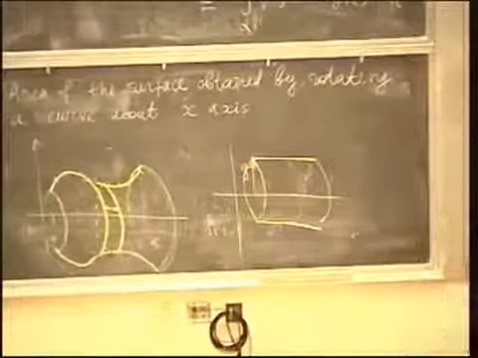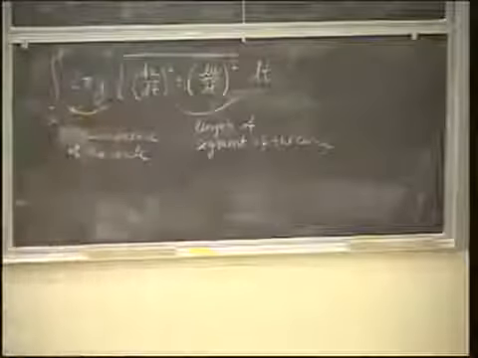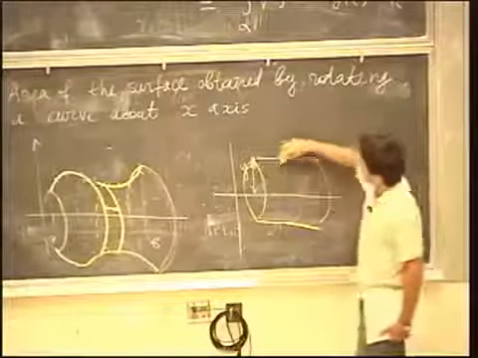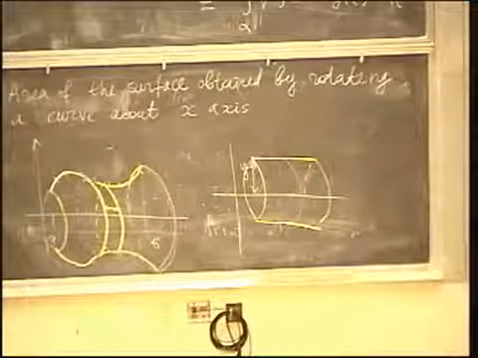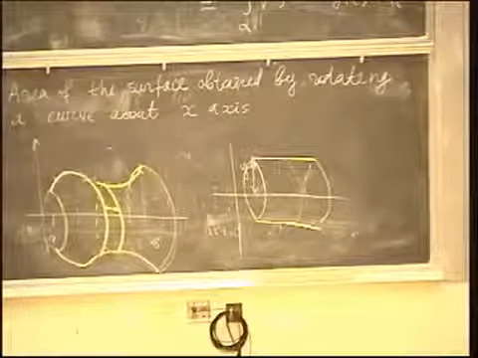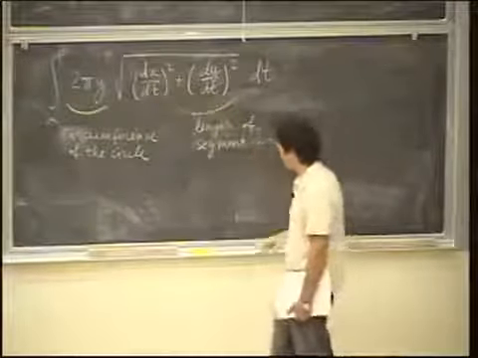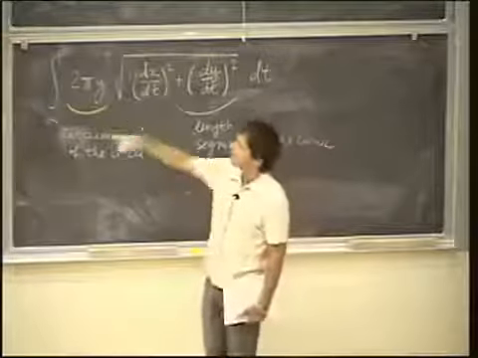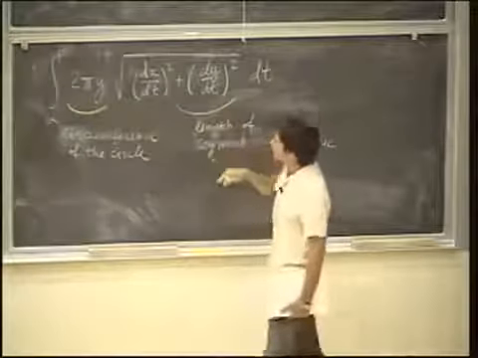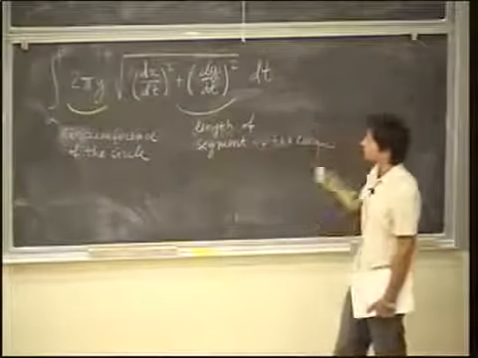That's why you get 2 pi y times the length of the side. And the length of the side is the arc length that we talked about, so it's given by this formula. That's how you get this. And once you get it, then you substitute f and g for the x and y, and you get a single variable integral.